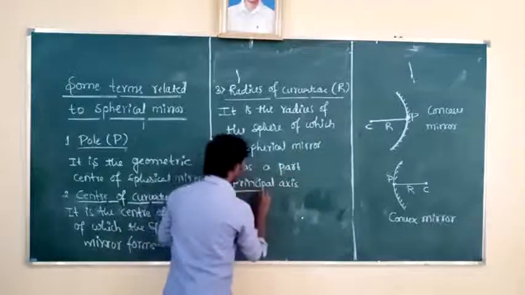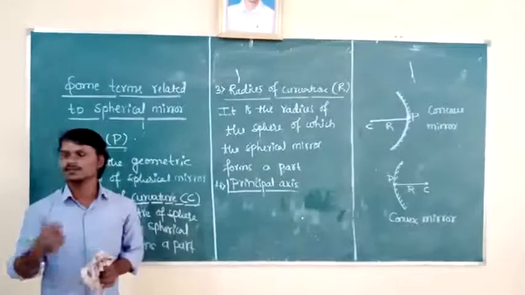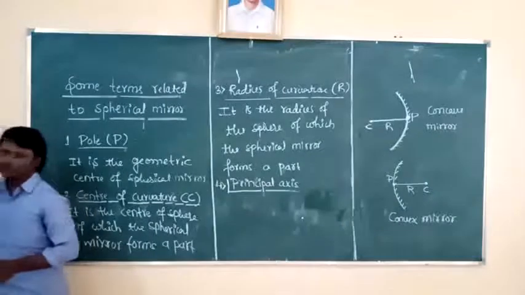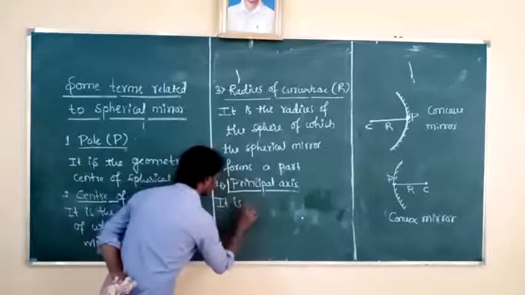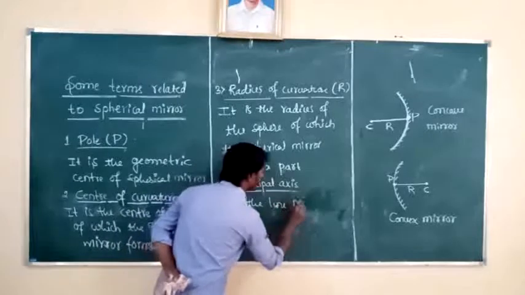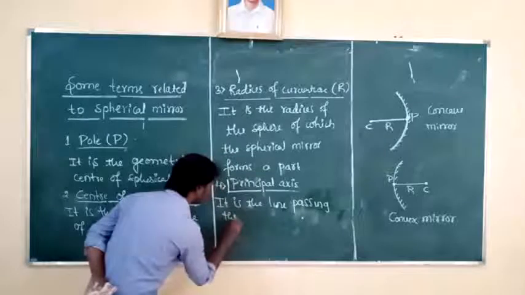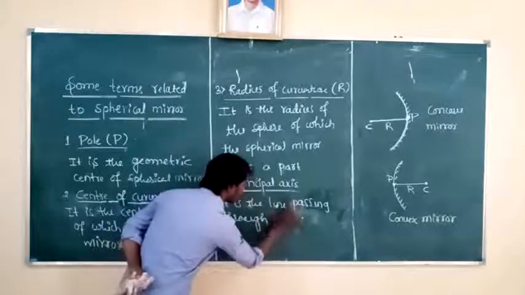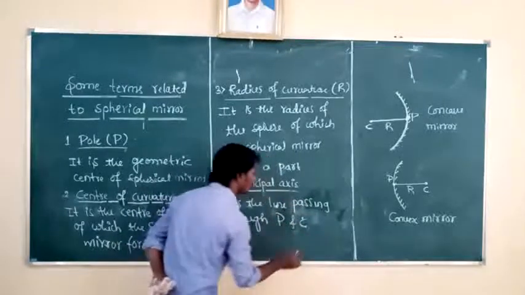It is the line passing through the center of curvature of the spherical mirror, that is, the line passing through P and C. P means the pole, C means the center of curvature of the spherical mirror.